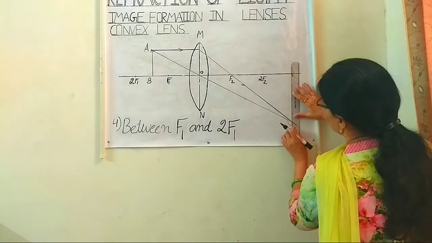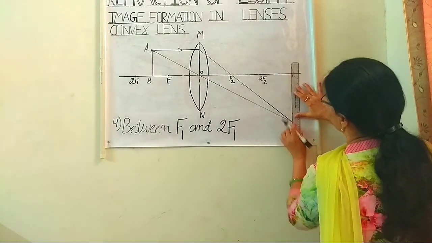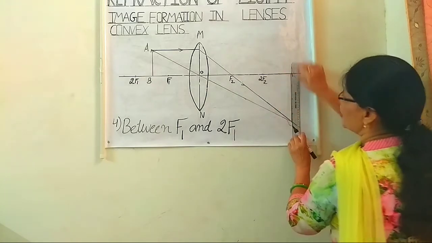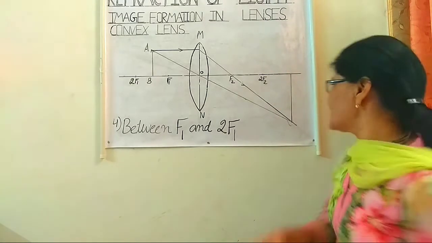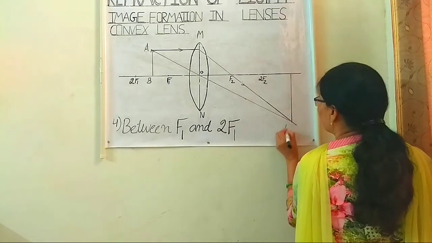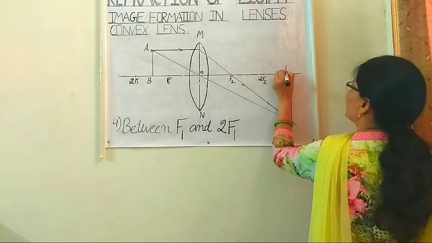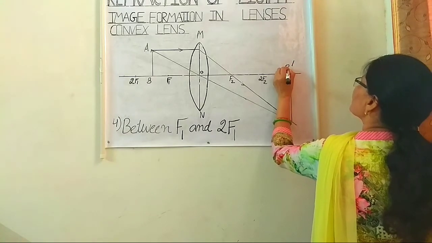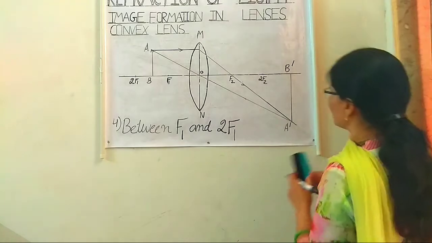So this is our point where the image formation will take place. So here the image formation for this case will take place, and this is A dash and B dash.